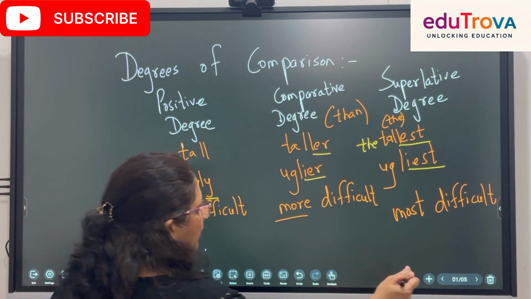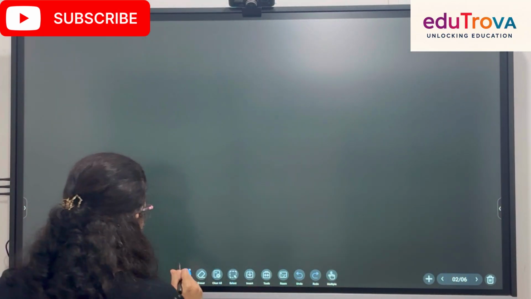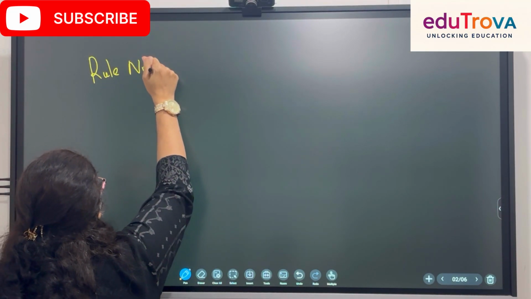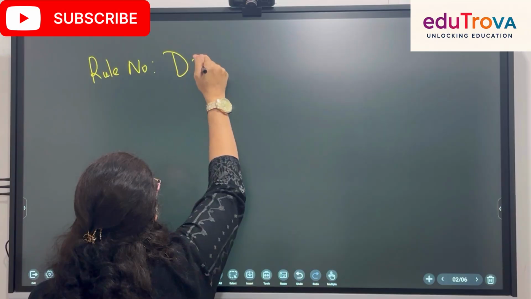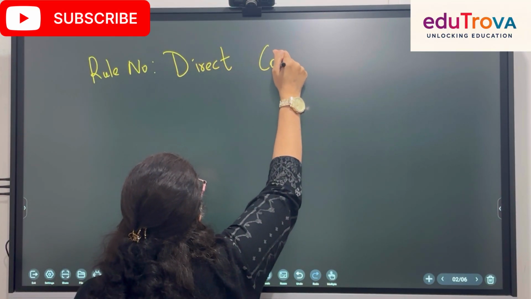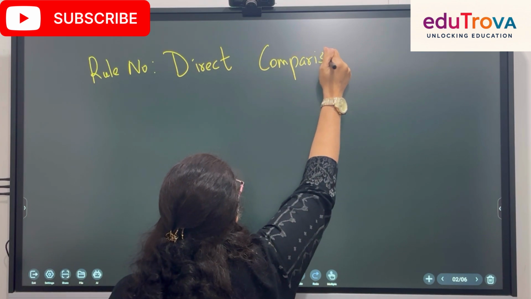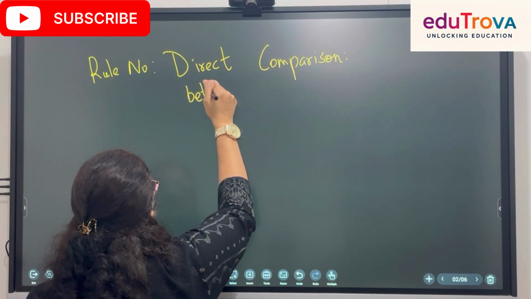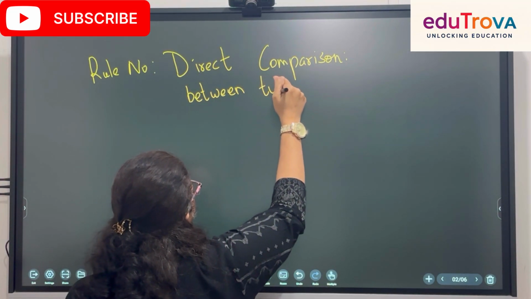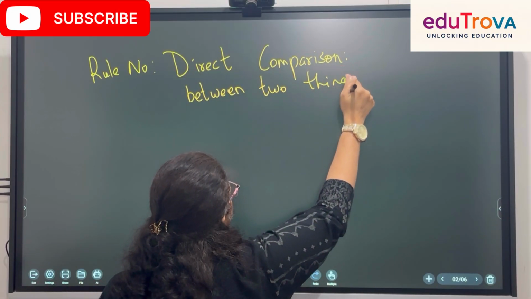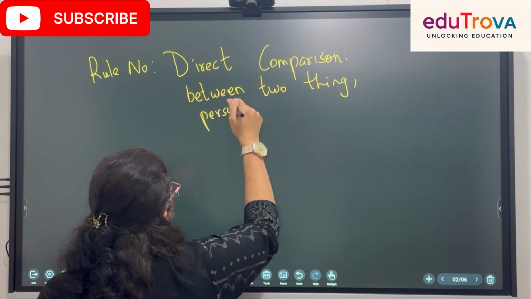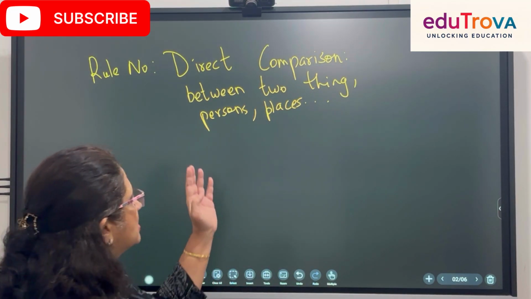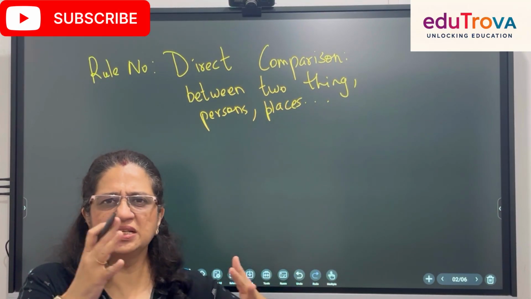Okay? So we go with the first rule, rule number one. When you have direct comparison between two people or two objects, two places, two things, persons or places, anything it could be.